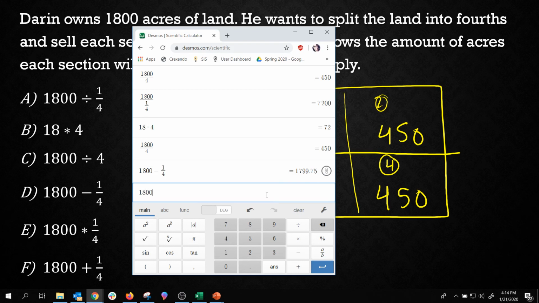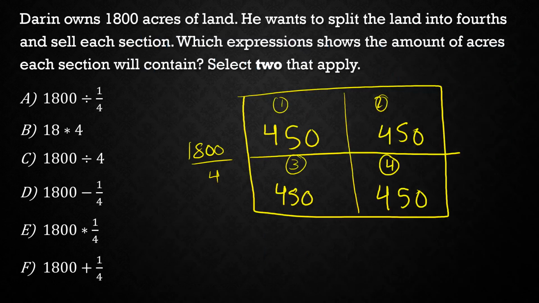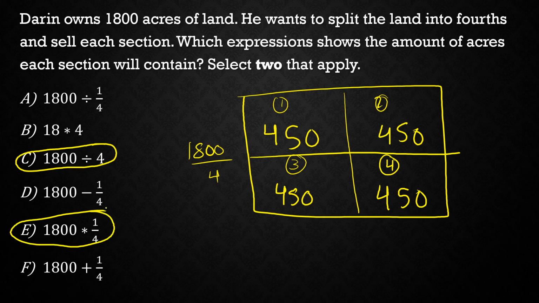Next one is 1800 times 1 over 4. That one also gives me 450. And the last one is 1800 plus 1 over 4. So it looks like the two that are correct are this 1800 times 1/4 and 1800 divided by 4. Both of those gave me 450, which is how many acres are in each section.